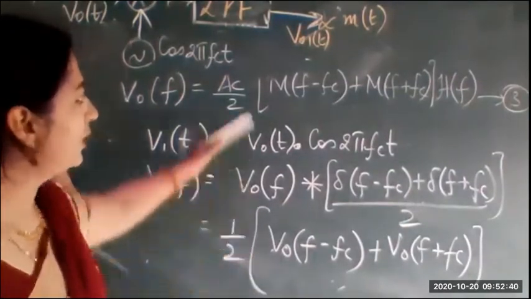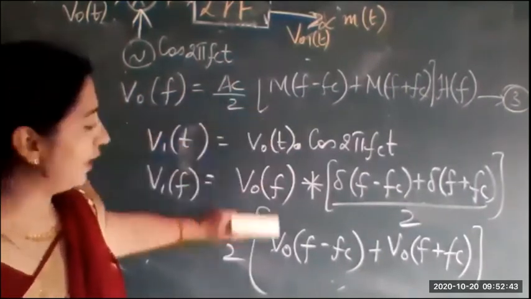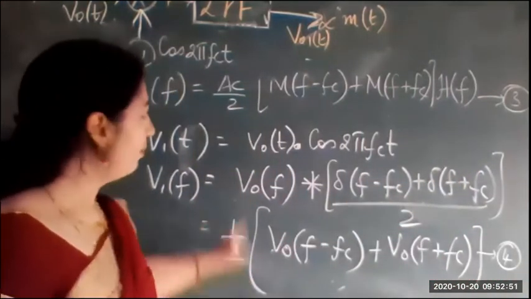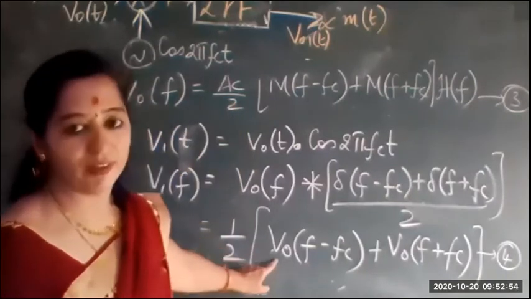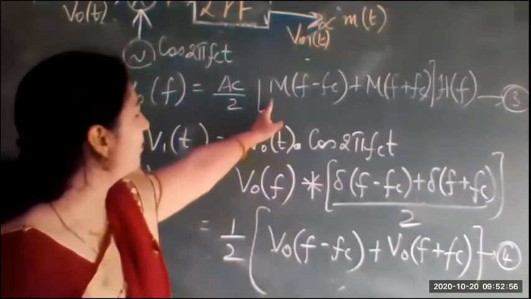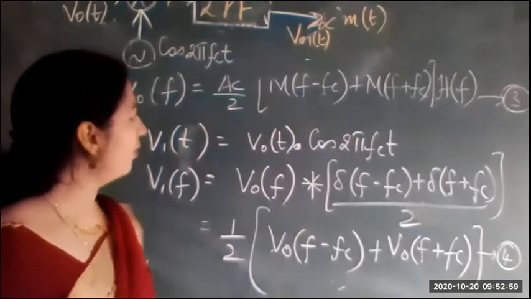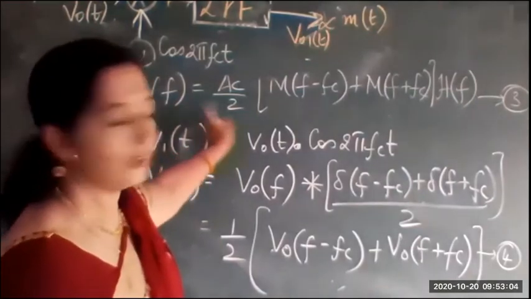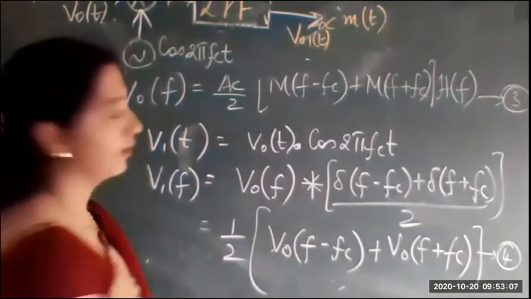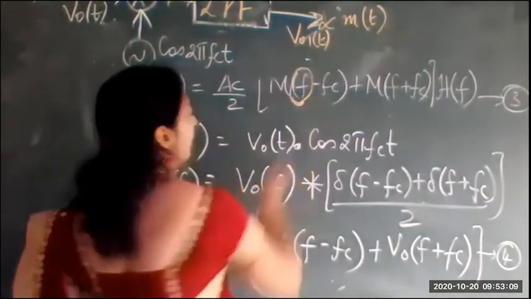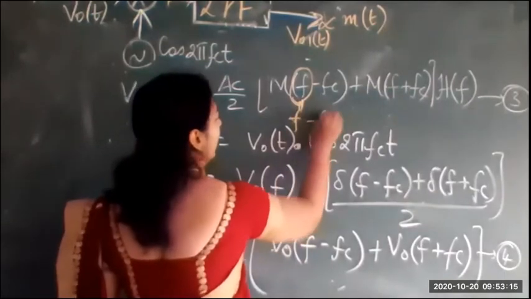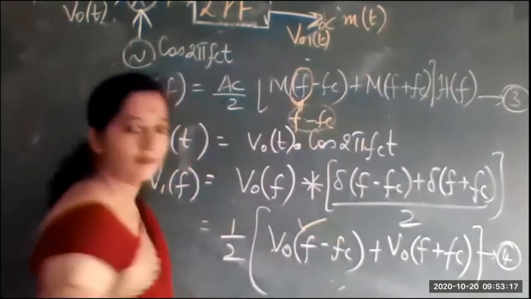Now I want you to substitute V naught of F value in this equation. This is equation 4. Please substitute this V naught of F here. V naught of F is given by this. If I substitute here, what should I do? In V naught of F, the frequency variable is this F. Wherever you have this F, you replace it with F minus Fc, you will get this signal.